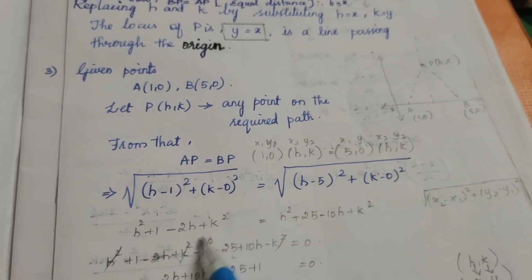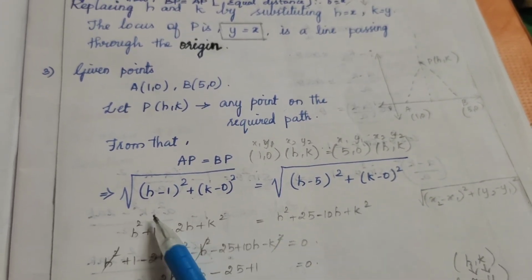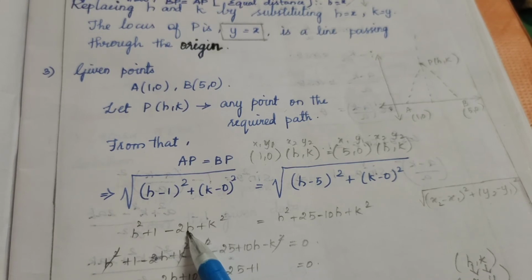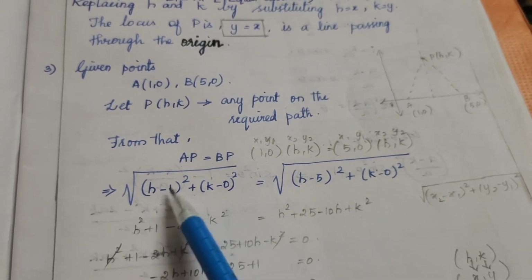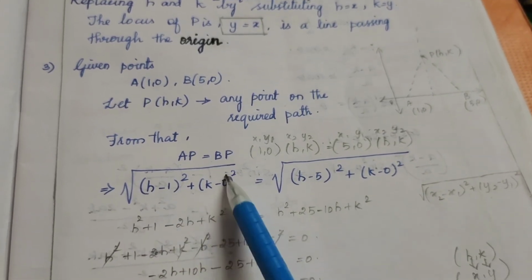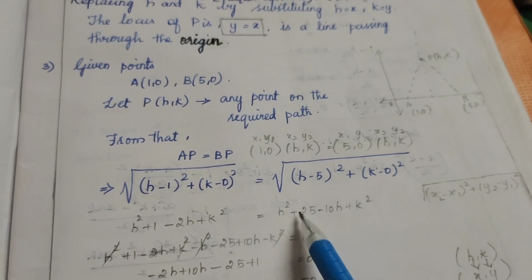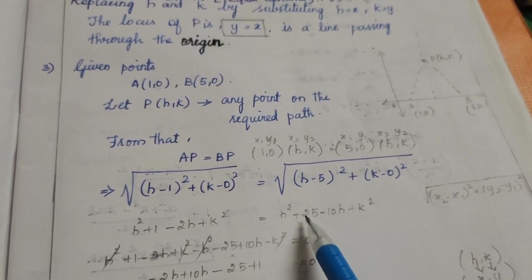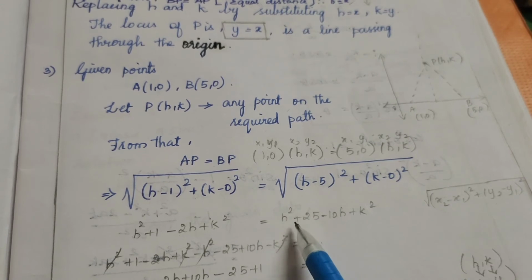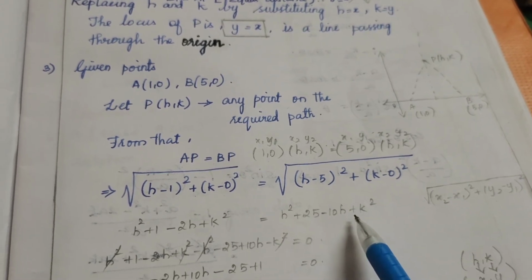Using the (a minus b) the whole square formula, the left side becomes h square plus 1 minus 2h plus k square, and the right side becomes h square plus 25 minus 10h plus k square.